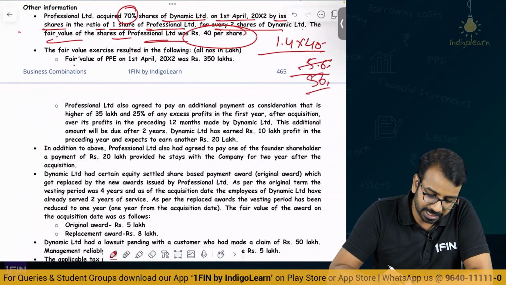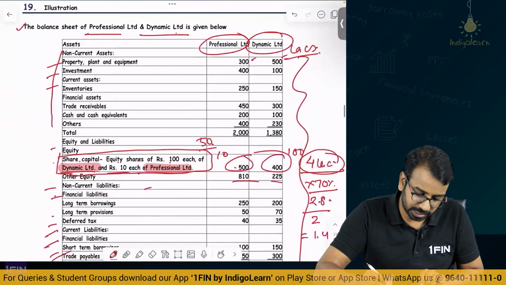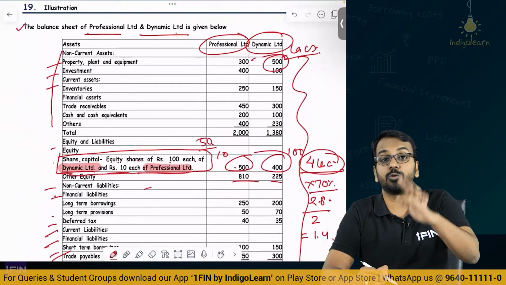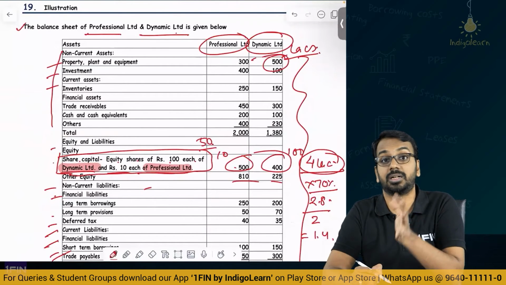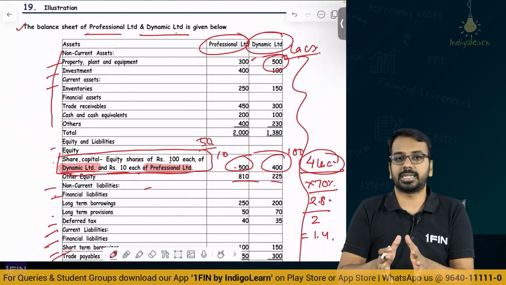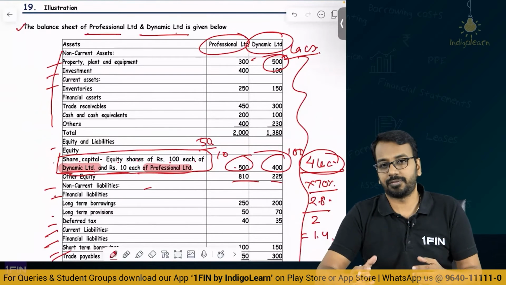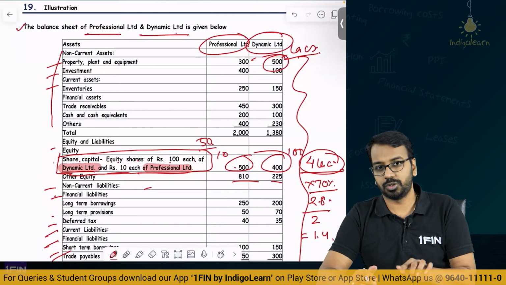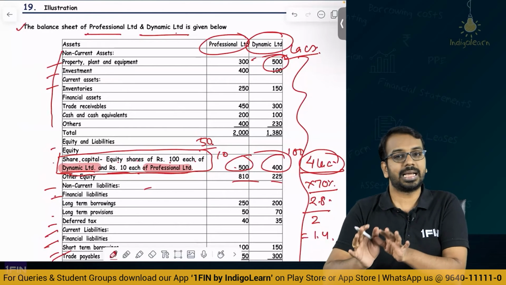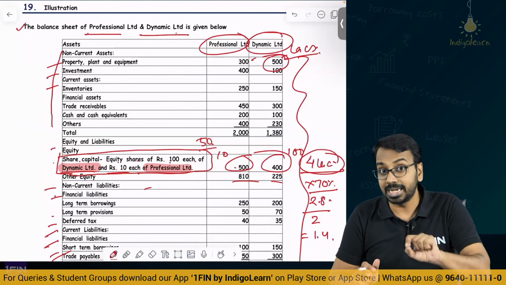The fair value exercises resulted in the following. Fair value of PPE on 1st of April was 350 lakhs. How much was it here? 500 lakhs. It has come down by 150 lakhs, now it is at 350 lakhs. Now one thing that you have to understand is, whenever there is a fair value difference or fair value changes on the date of acquisition, that can create a deferred tax implication if at all the tax rate is given in the question.